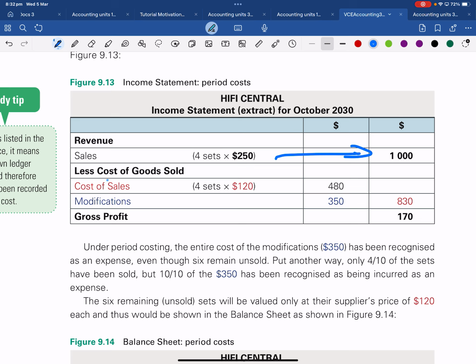Now have a look at the COGS. Cost of sales will be 4 times 120. Why? Because now we didn't allocate to individual units of inventory. Now the entire modification cost, 350, is an expense. So our COGS increases to 830, and gross profit decreases to 170.